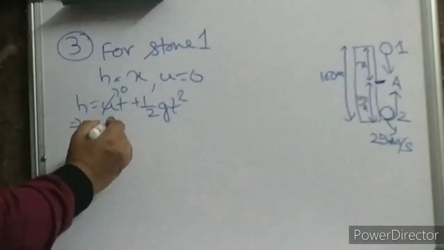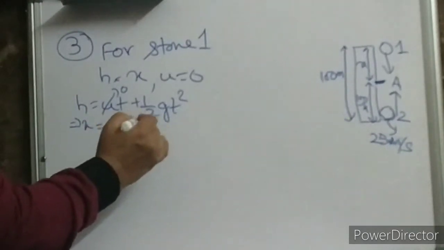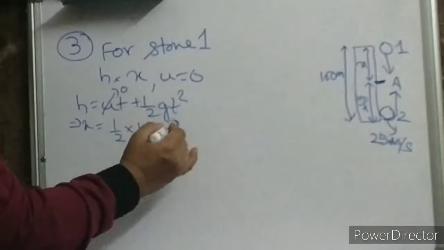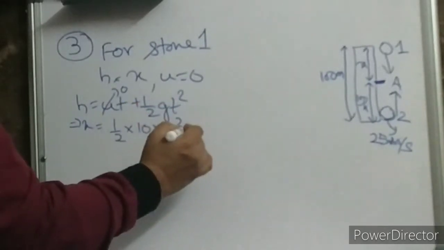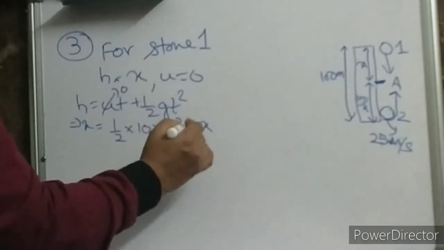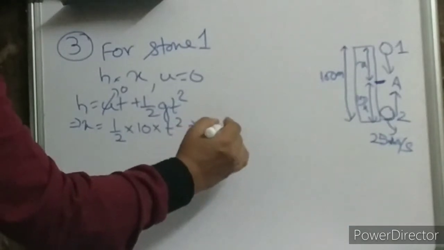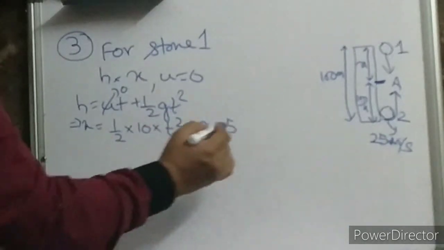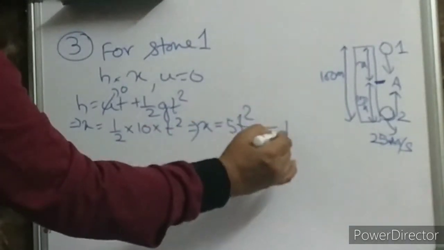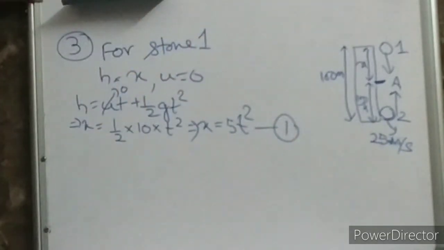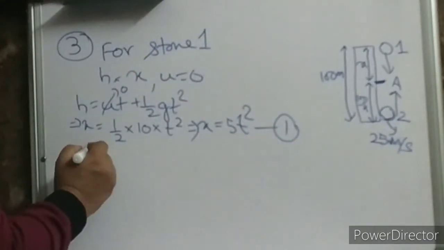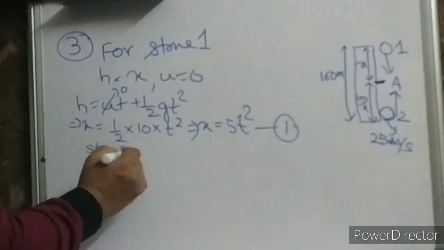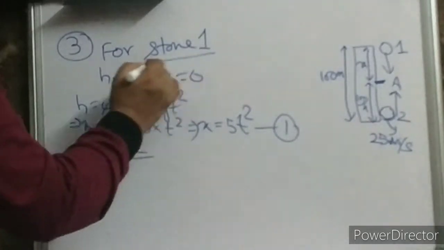Half means half into 10 into T square. So how much is it? X is equal to 5 T square. So this is your first equation. Okay. Now for stone 2. This is for stone 1.